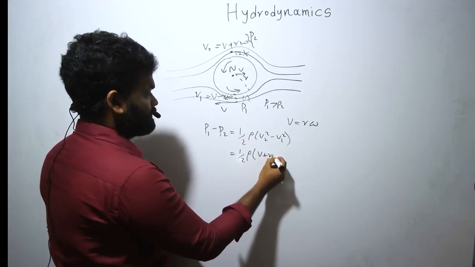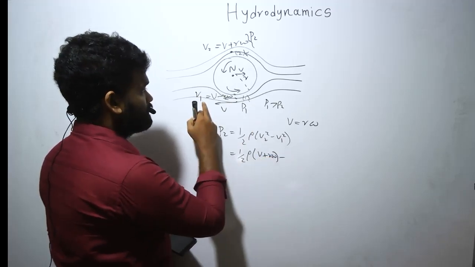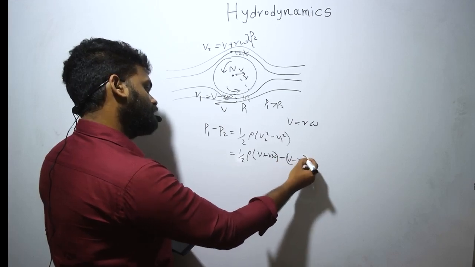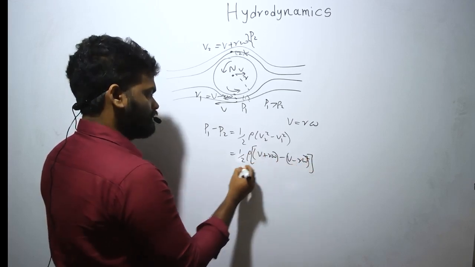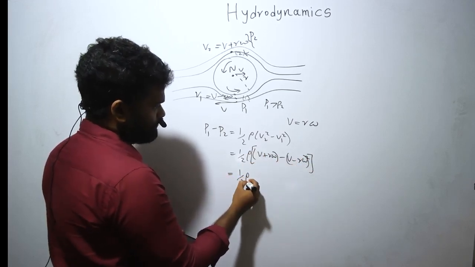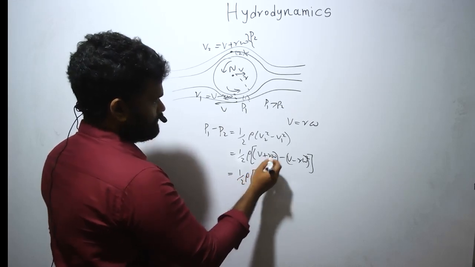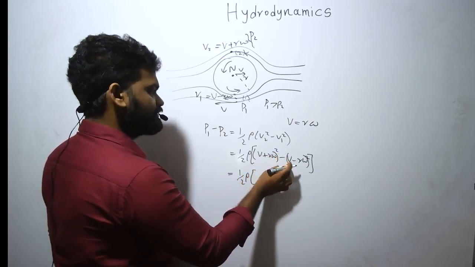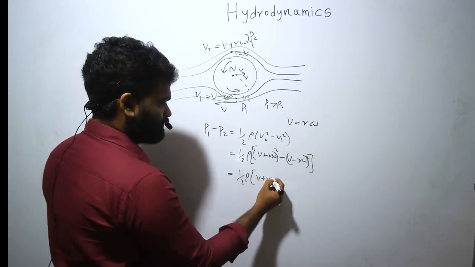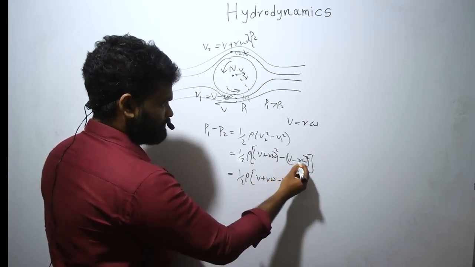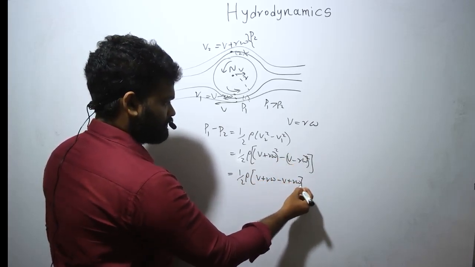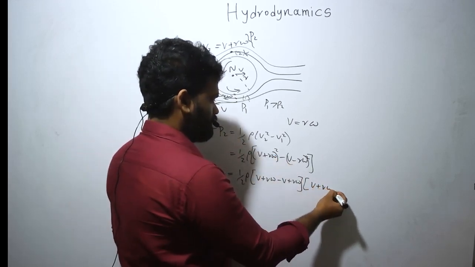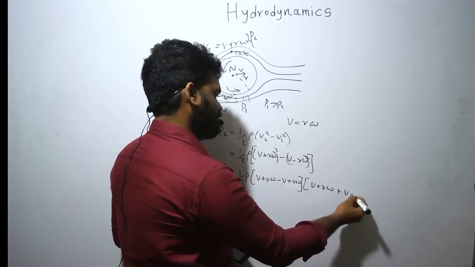V plus R omega, minus V1, V minus R omega. Okay. So half rho, you can get (V plus R omega minus V minus R omega) times (V plus R omega plus V minus R omega).